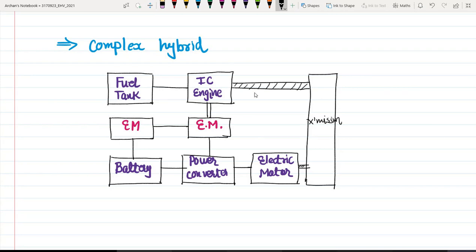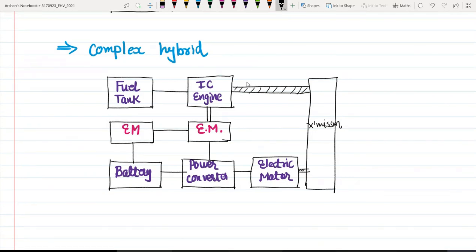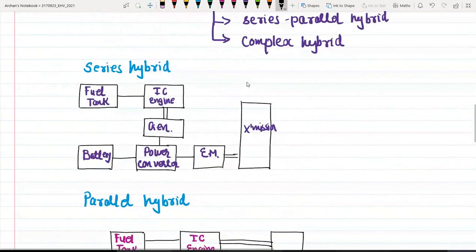Now let us try to understand all these possibilities one by one, right? So talking about the series hybrid electric drivetrains. A series hybrid drivetrain is a drivetrain where two power sources feed a single power plant. This is the electric motor, and it will propel the vehicle.